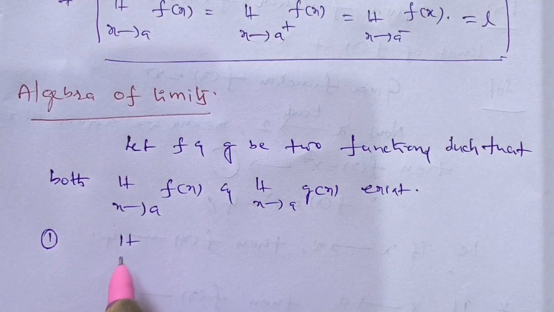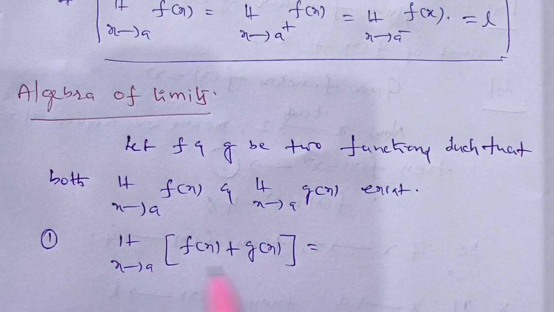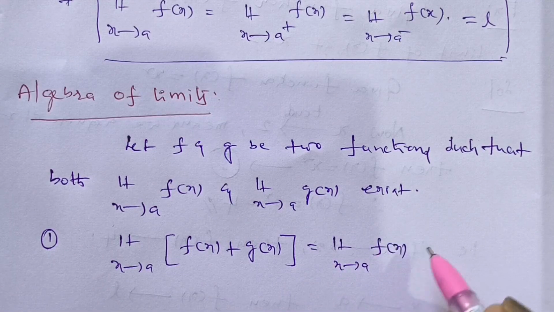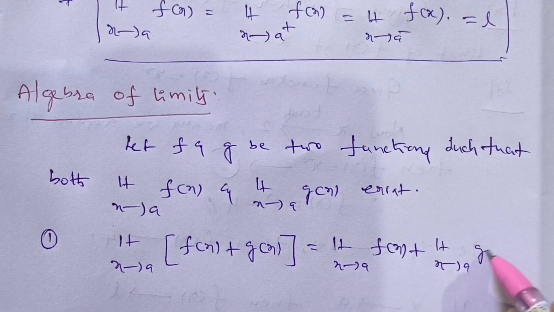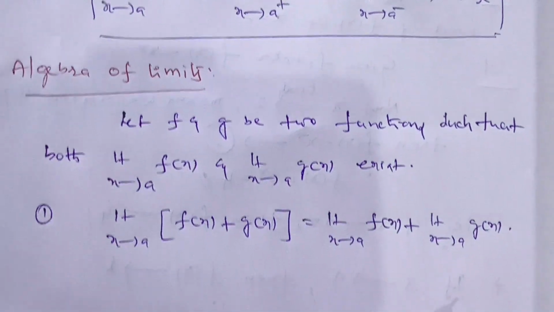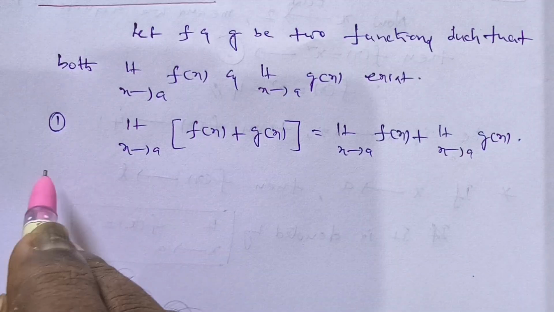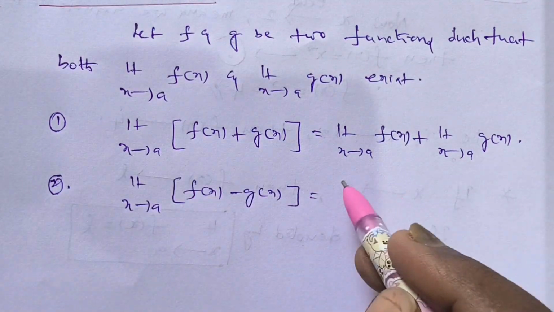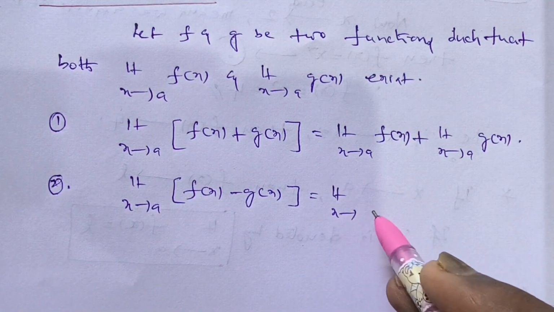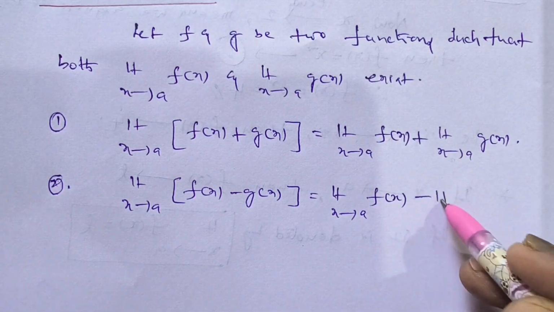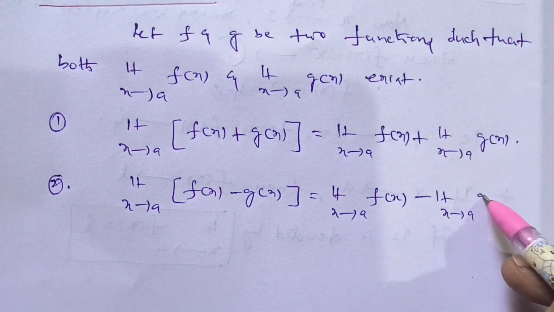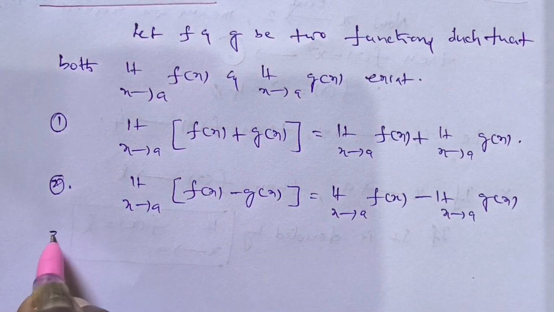Then we have limit x approaches a of f of x plus g of x is equal to limit x approaches a f of x plus limit x approaches a g of x. Now the second point is limit x approaches a of f of x minus g of x is equal to limit x approaches a f of x minus limit x approaches a g of x.